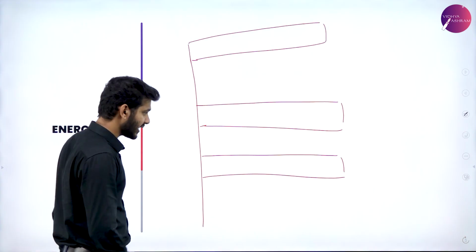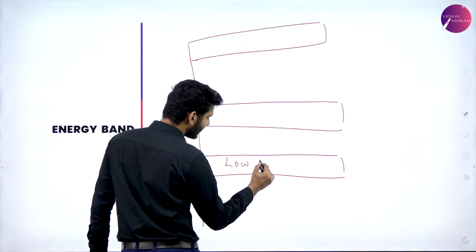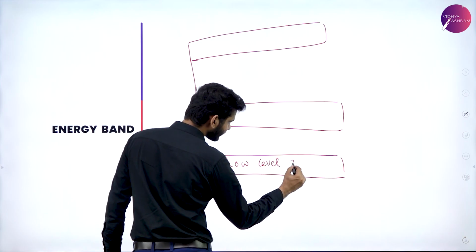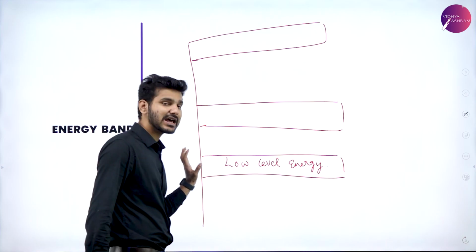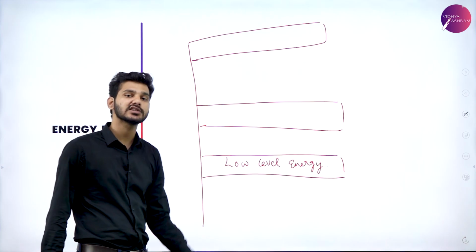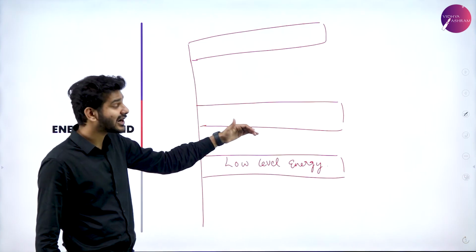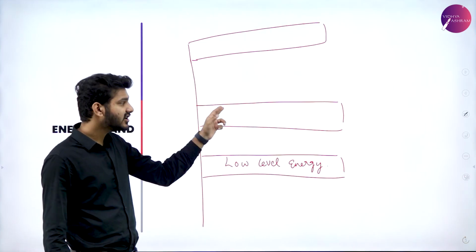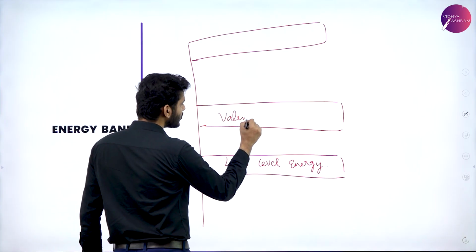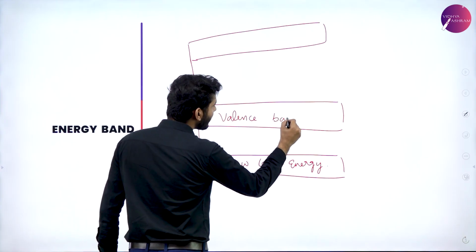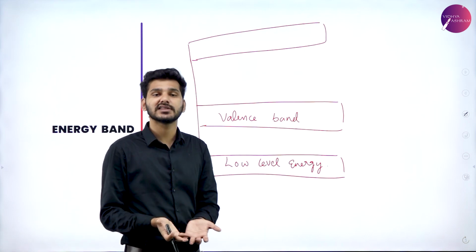How we imagine it is that there will first be a low level energy state. This band region is known as the low level energy band region, and just above it there will be what is known as the valence band. So what is the valence band? The valence band is the band which contains all the valence electrons.